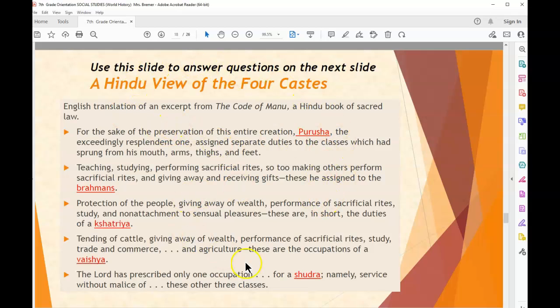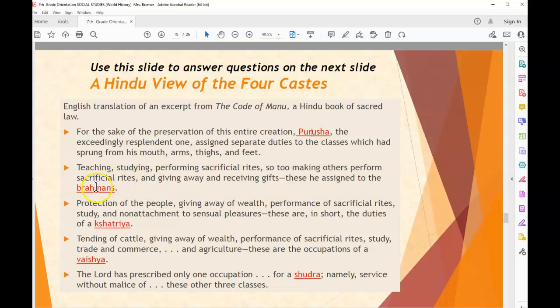This slide right here, you're going to use this to help you with the questions on the Nearpod. This is from the Code of Manu, which is a Hindu book of sacred law. They talk about the Purusha, which is one of the gods, and they assigned separate duties to the classes which had sprung from his mouth, arms, thighs, and feet.